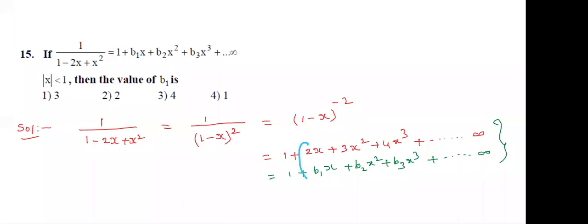What is b1, students? 2, b2 is 3, b3 is 4, like that. These types of questions they will give in the mains examination, that too numerical value type questions. Here they are asking only the b1 value. Sometimes they will ask b2 plus b3 divided by b4, like that. Okay, finally the b1 value is 2, second option is correct.